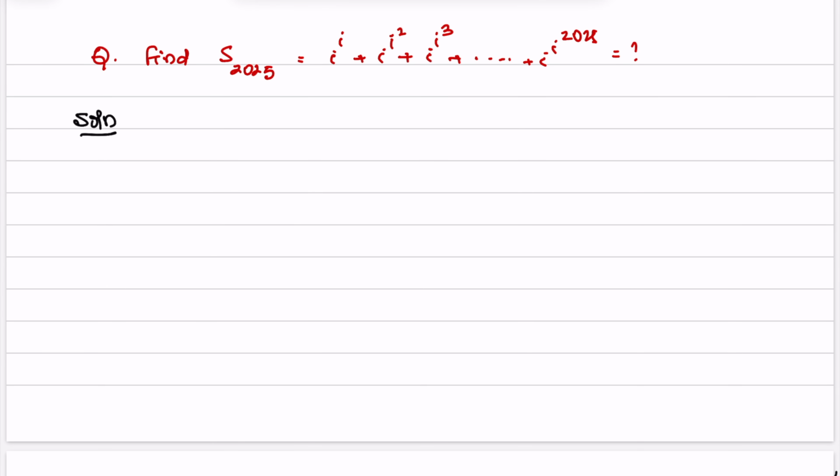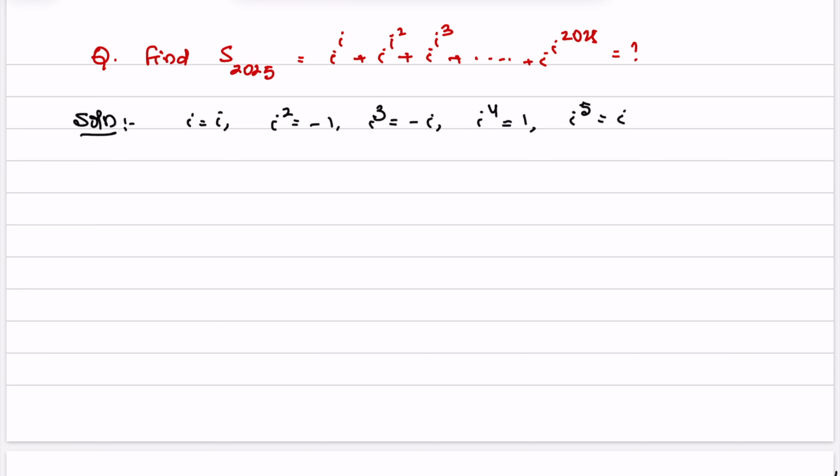let's start from the basics. What is i? i is equal to i. i square is equal to minus 1. i cube is equal to minus i, and i to the power of 4 is equal to 1. i to the power of 5 is equal to again i.